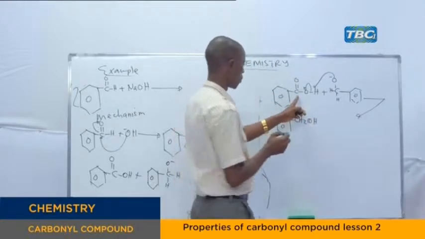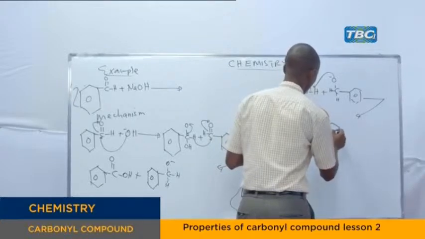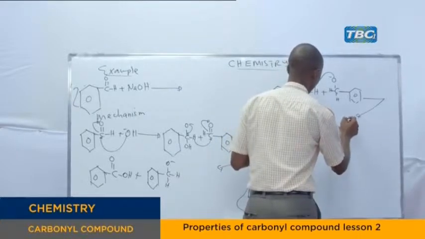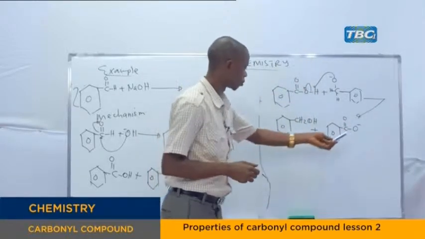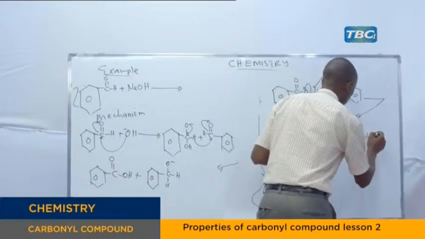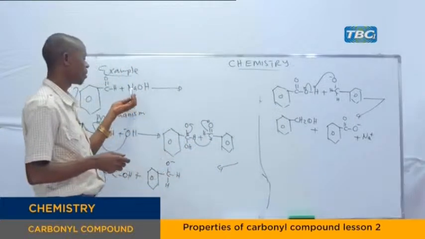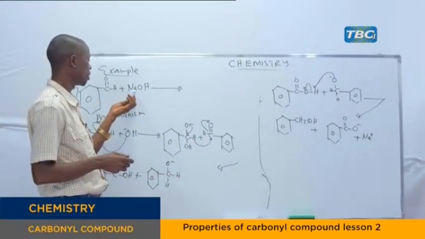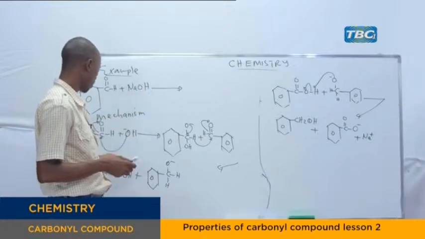This is benzyl alcohol. But this one will be like that. So this ion will combine with the sodium ion from the first part. Sodium hydroxide breaks down to produce sodium ion and hydroxide ion.